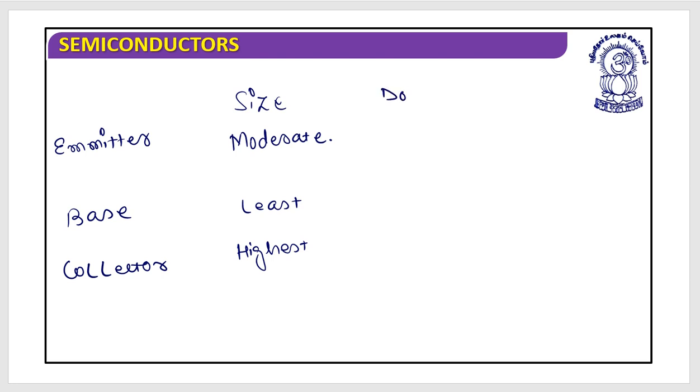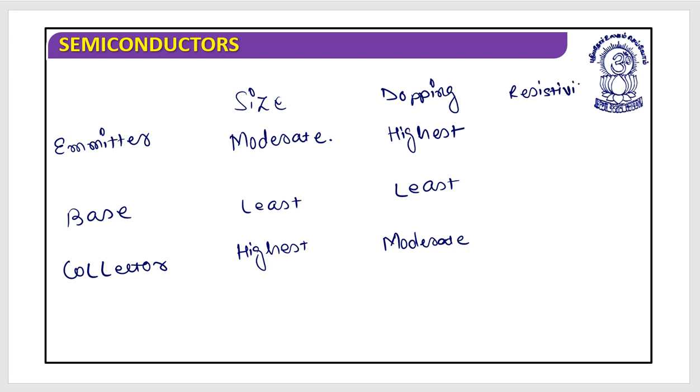Let's discuss the doping point of view. The emitter is the most heavily doped, the base is the least doped, and the collector is moderately doped. Let's talk about the resistivity.